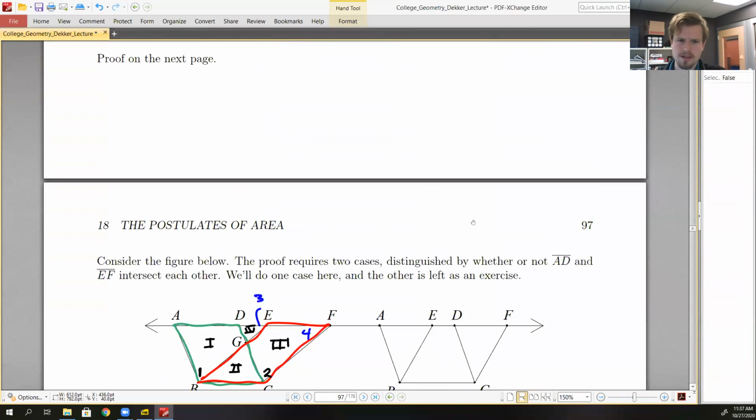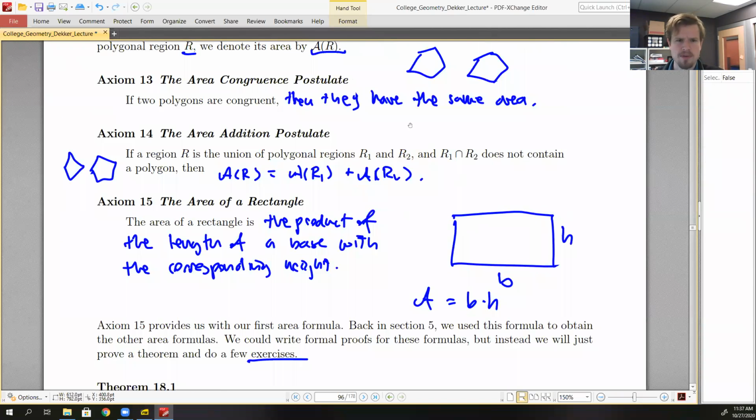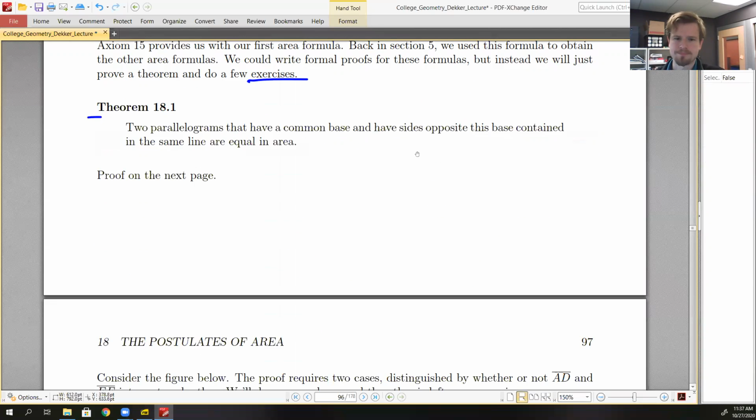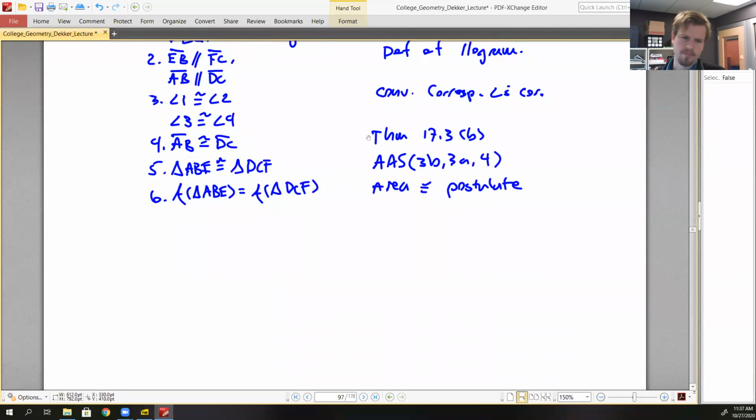Right, that would be on the previous video, previous page, area congruence postulate, this guy right here. Two polygons are congruent, they have the same area.